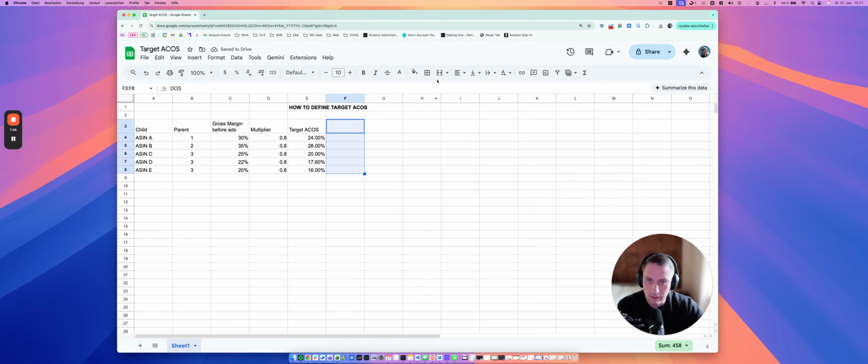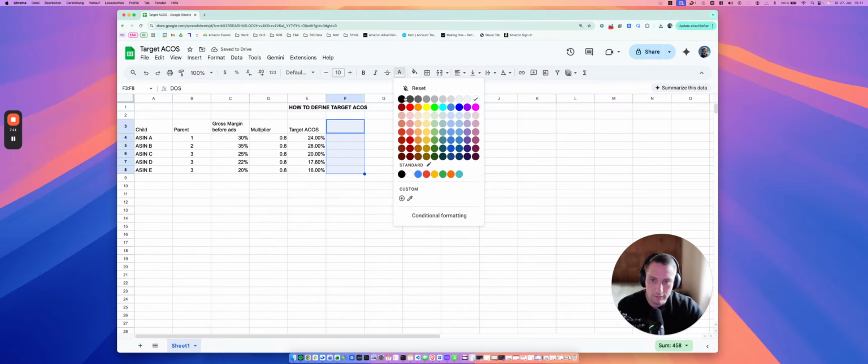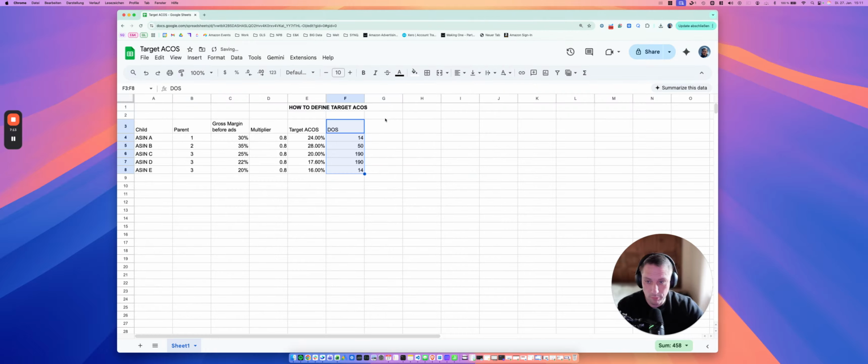So typically what I like to do is to look at your days of supply. So your inventory. How many days of supply do I have for this ASIN? And now it gets interesting, because if I only have 14 days of inventory, meaning in 2 weeks I'm out of stock, do I really want to still push at 24% target ACOS?